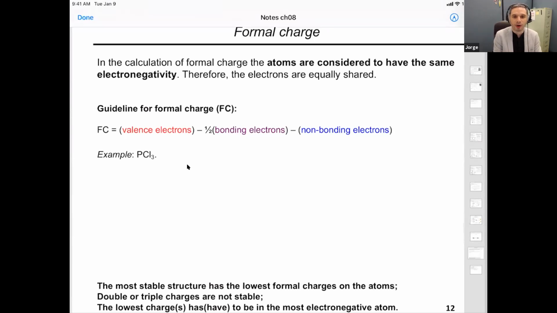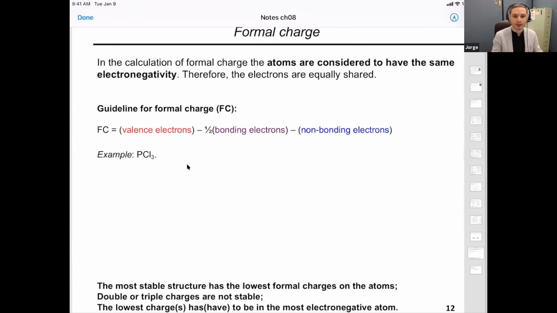In the calculation of formal charge, the atoms are considered to have the same electronegativity. Therefore, the electrons are equally shared. Formal charge will give you an idea about if an atom in a covalent bond is having the electrons close to itself, or if the electrons are being equally shared.